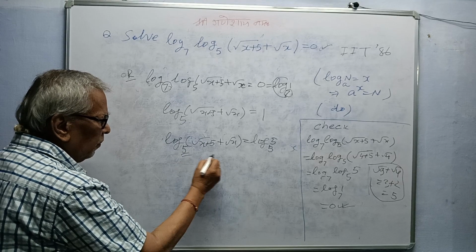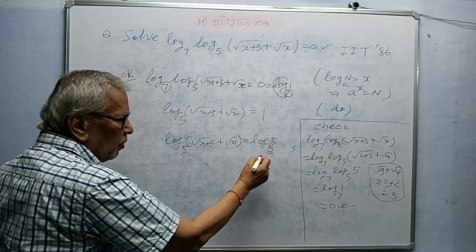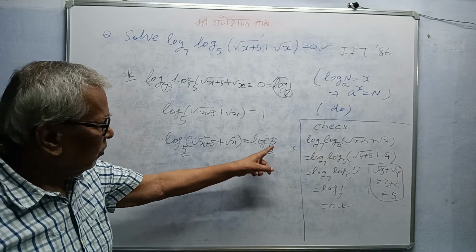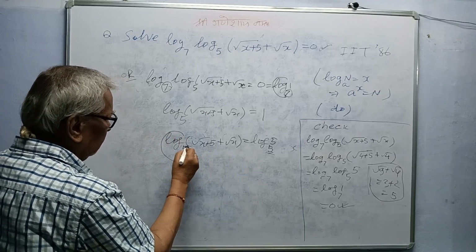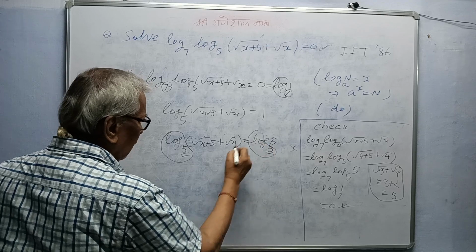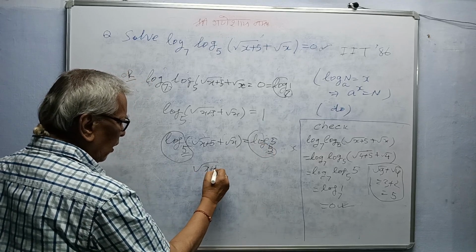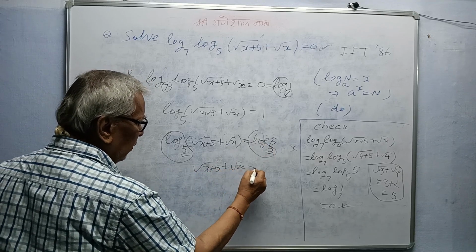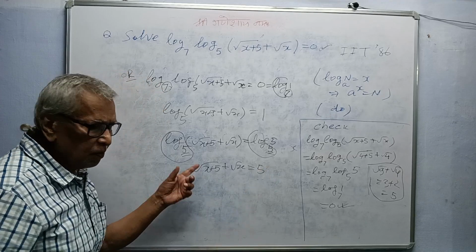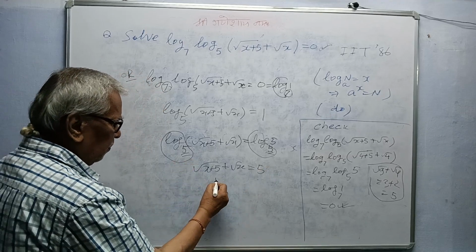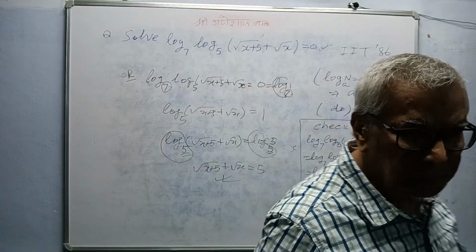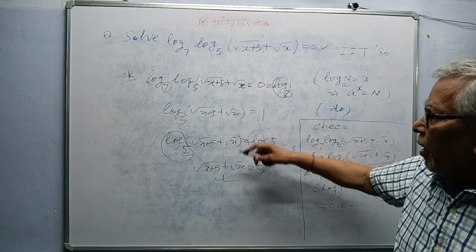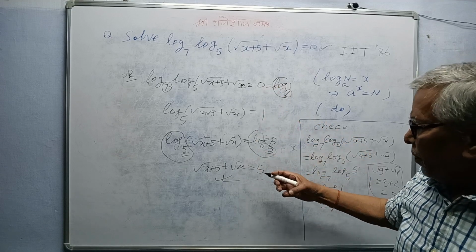Here this is 5, here this is 5, and log a to the base a is equal to 1. So again, this whole thing will go out. So root x plus 5 is equal to 5, and we find the same thing we found here. So we can calculate it in two ways.